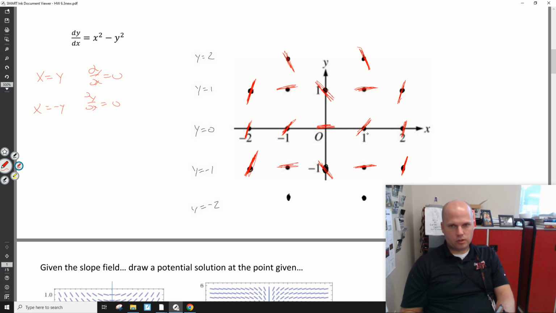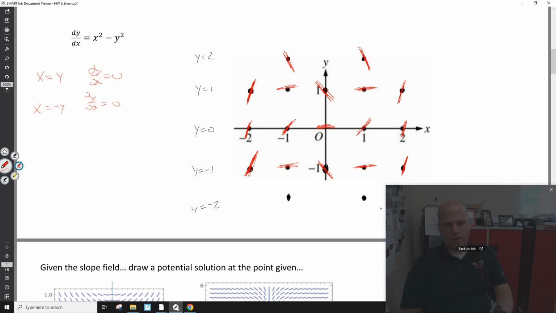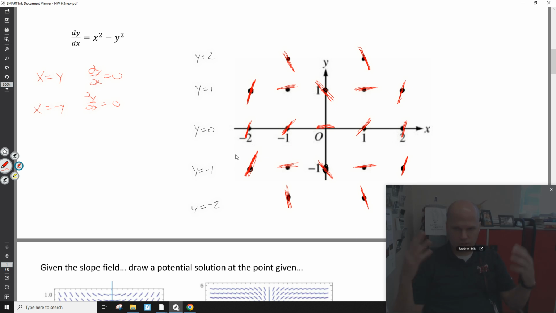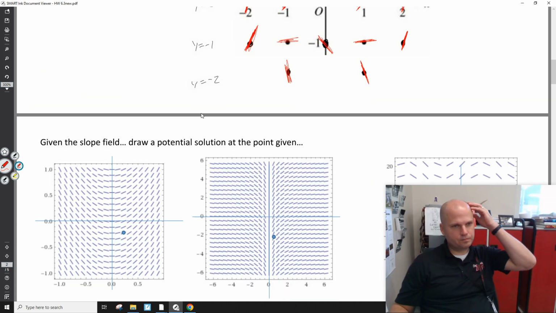X is 1, so it'll be 1 minus y is negative 2. That's going to be 4. So 1 minus 4 is negative 3. Here, same deal. X is negative 1, so that becomes 1 minus 4 is negative 3. Okay, a lot of symmetry with these. You'll see symmetry with slopes.